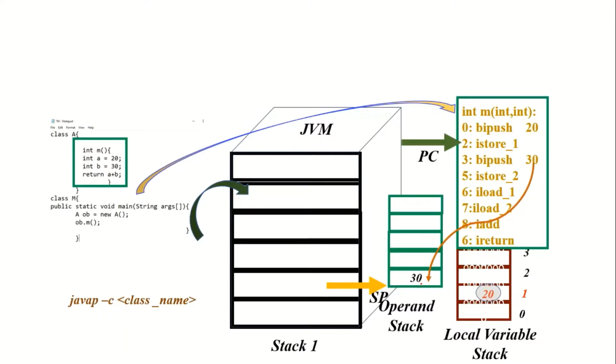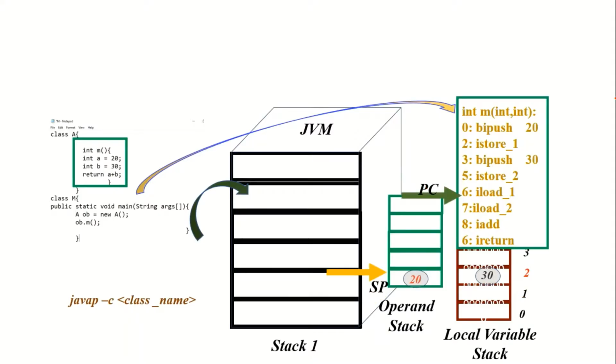This 30 will be pushed into the operand stack. Then the stack pointer will be incremented by 1. Then we will go to the second portion. Again we will store this 30 into the local variable stack. Then again the program counter will be incremented by 1.